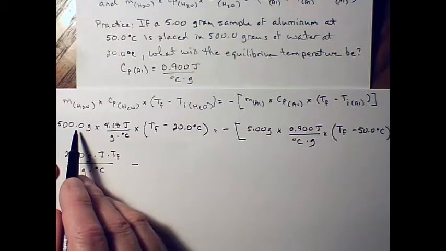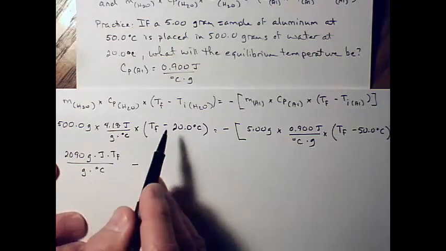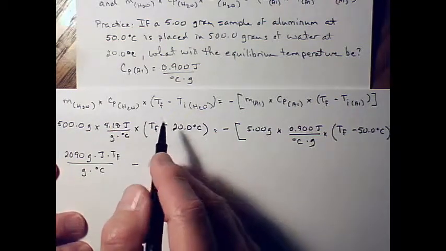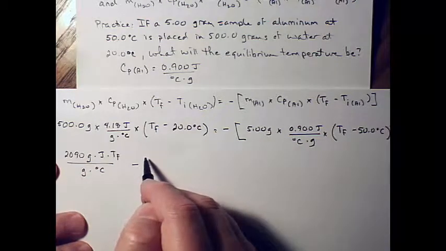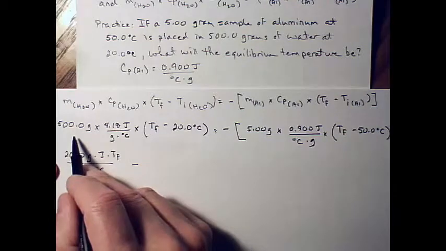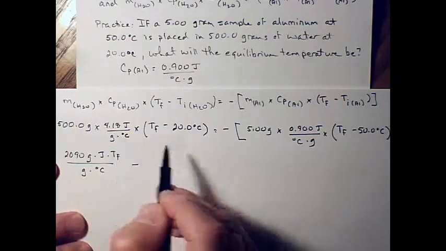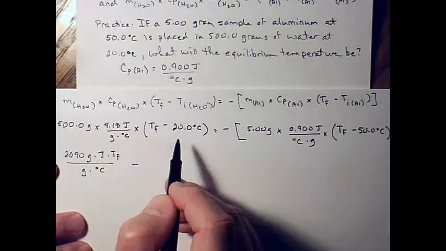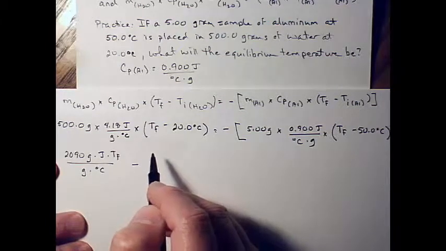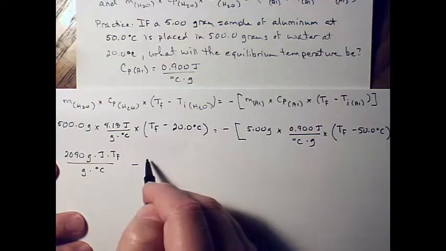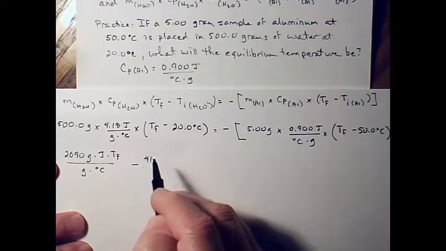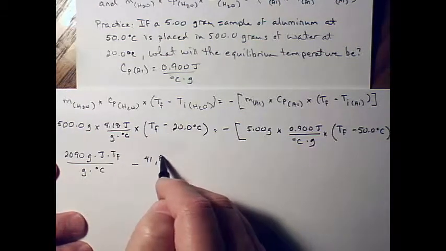So what's 50.0 times 4.18 times 20.0? 41,800.